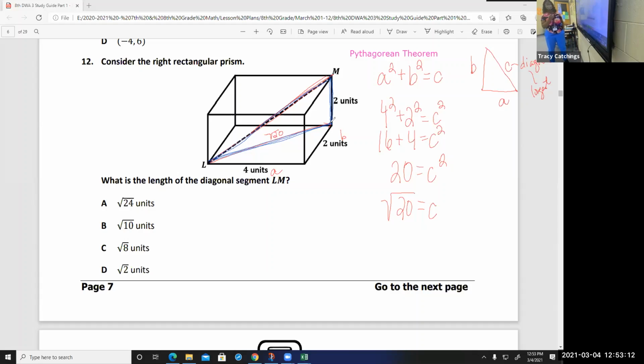Which one going across? What value? What did we just say that was? So that's going to be our A, and what's going to be the B? Good job, the 2 up here. So now we have square root of 20 squared plus 2 squared is equal to that C that we need.